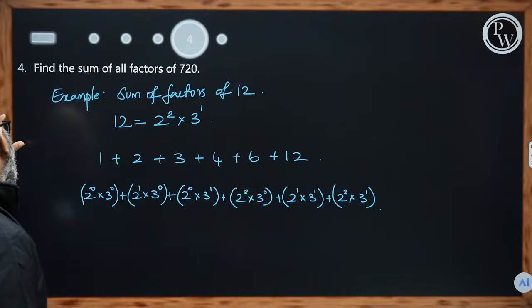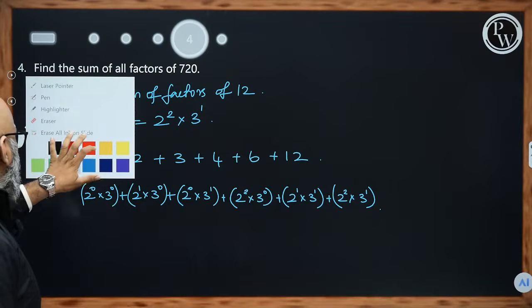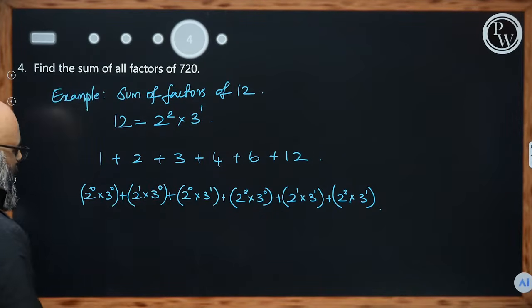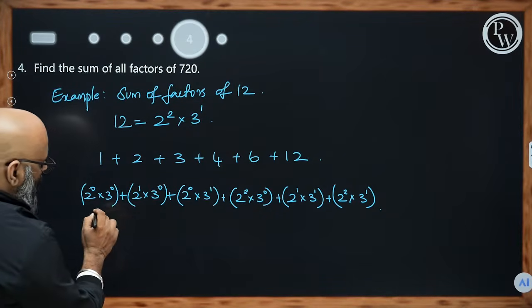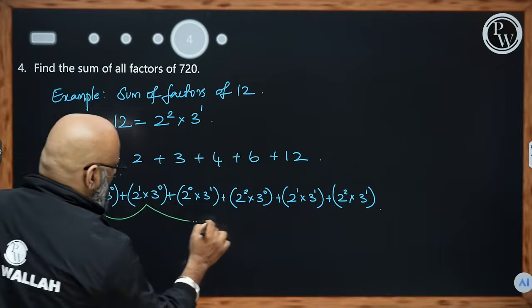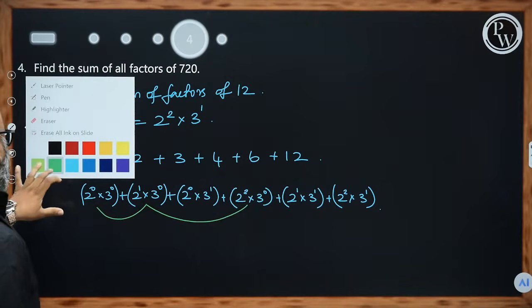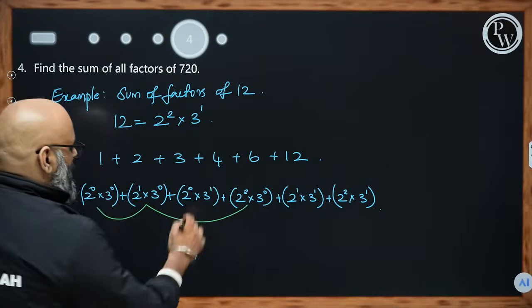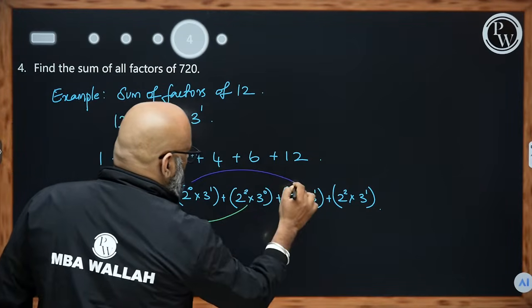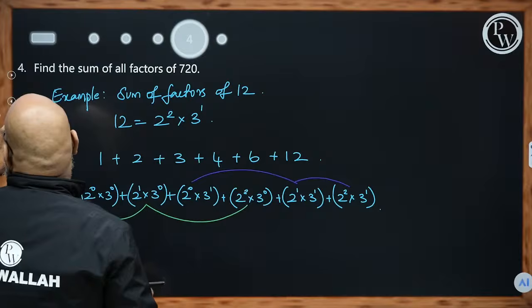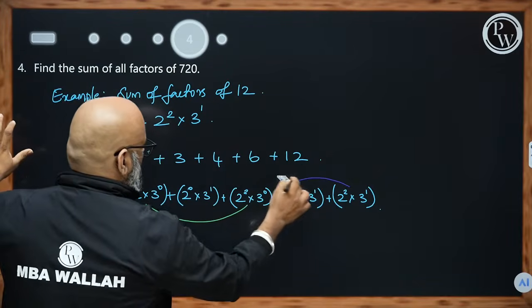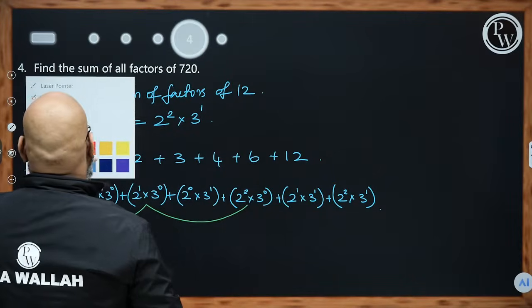Now what I'm going to do is take 3 power 0 common from this, this and this. And similarly, I'm going to take 3 power 1 common from this, this and this. Let me use red.